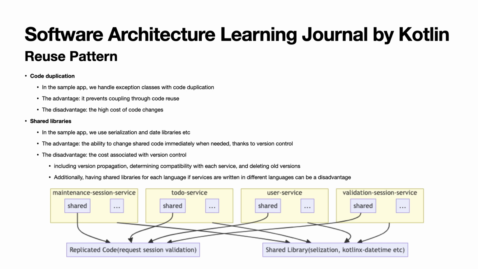However, the drawback is the cost associated with version control, including version propagation, determining compatibility with each service, and deleting old versions. Additionally, having shared libraries for each language, if services are written in different languages, can be a disadvantage.